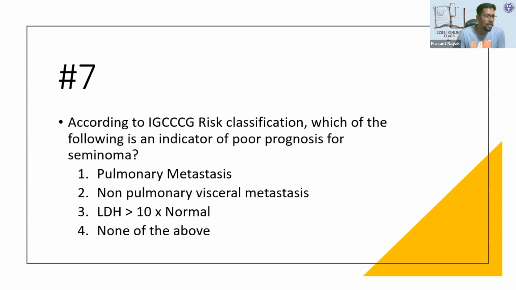Okay. According to IGCCCG's risk classification, which of the following is an indicator of poor prognosis in seminoma? Pulmonary mets, non-pulmonary mets, LDH 10 times normal. None of them, because there is no poor risk in seminoma. IGCCCG doesn't classify poor risk for seminoma. On that note, I would like to ask why mediastinal NSGCT is considered to be poor risk. Sumantra or Jayed or anybody else?